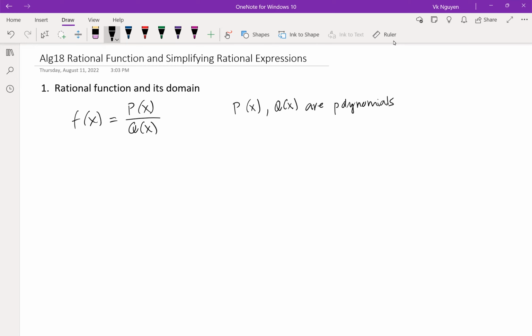Q(x) is non-zero. P(x) over Q(x) is a rational expression.